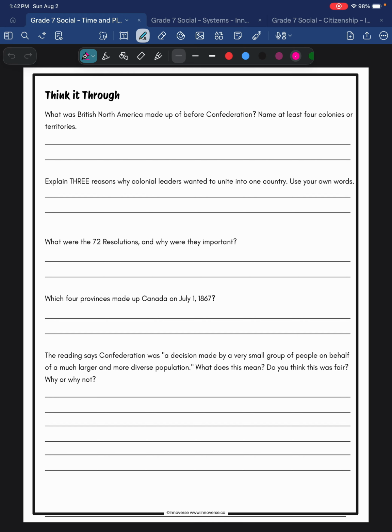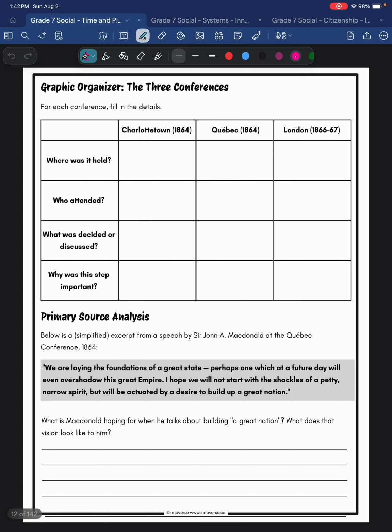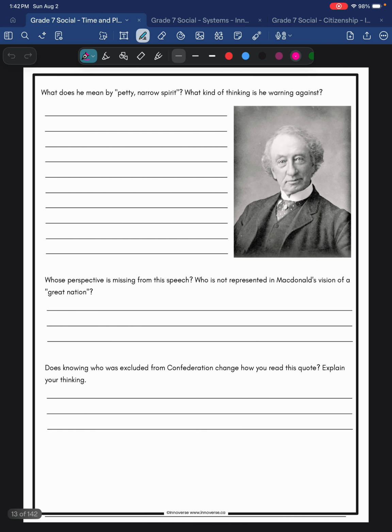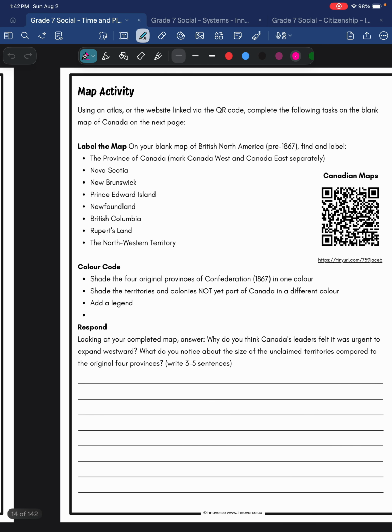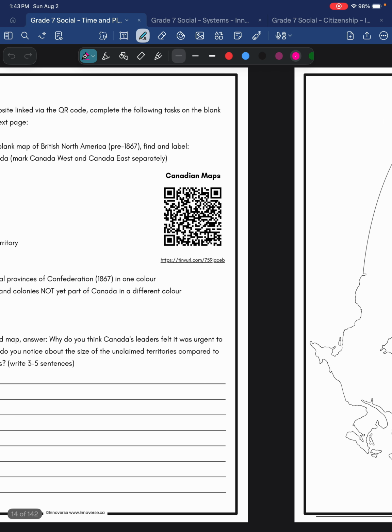Then we're going to have some questions to ensure that they understand it and they think about it. And then we're going to have some different activities for each segment that they could utilize to better learn the outcomes. We've also provided QR codes and links where it's relevant to help out with digital material.